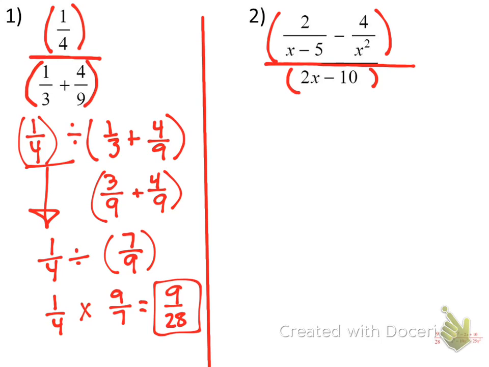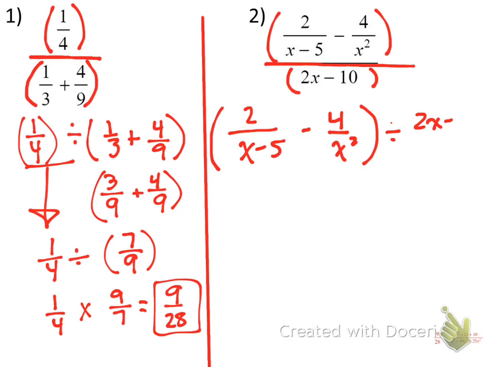Okay? So all you have to do is take your numerator, 2 over x minus 5 minus 4 over x squared, in its own parentheses, divided by 2x minus 10.